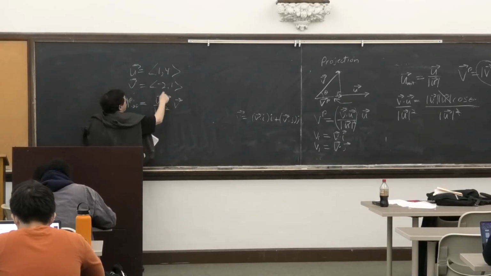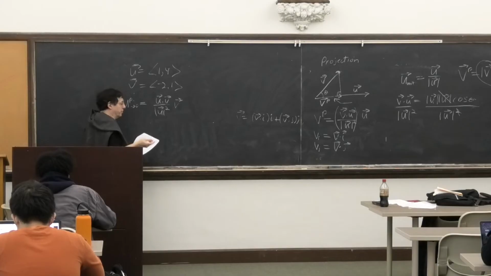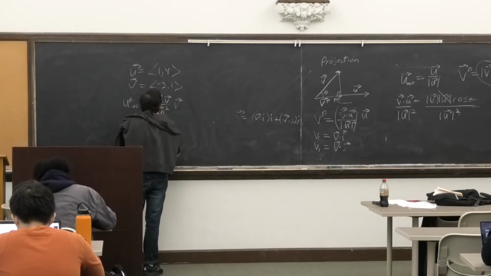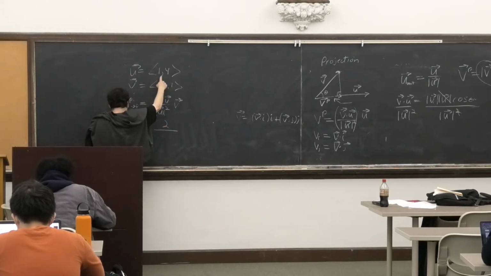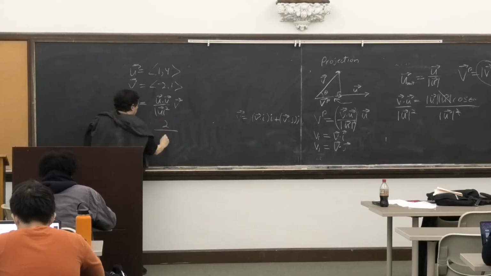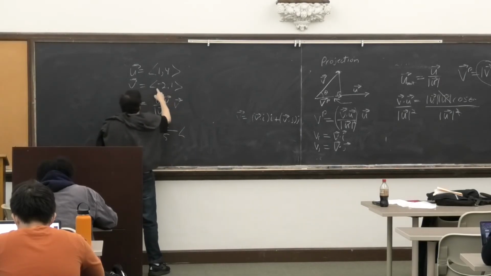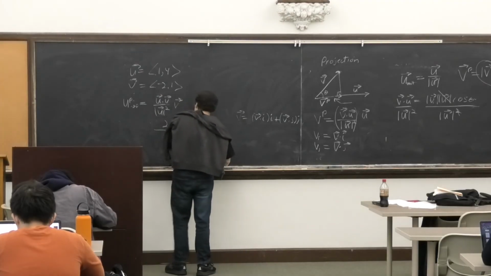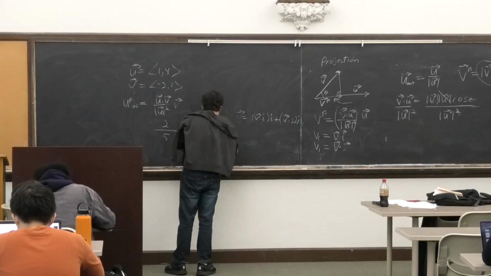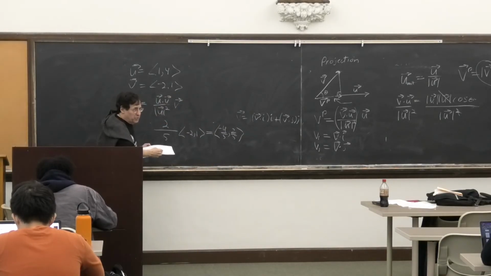Okay, u dot v we can calculate: 1 times -2 plus 4 times 1, that's 2, over the norm of u, well that's square root of 5 squared, times the vector v. So that's just -4/5 and 2/5. So that's how you would use this formula.